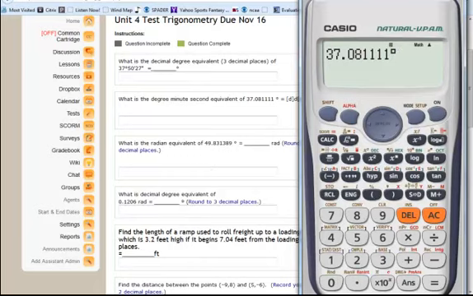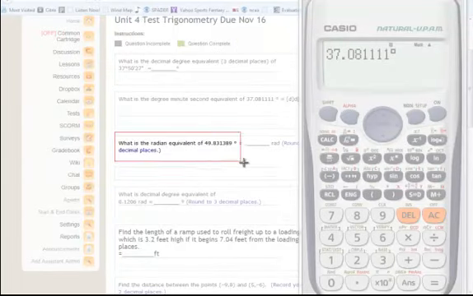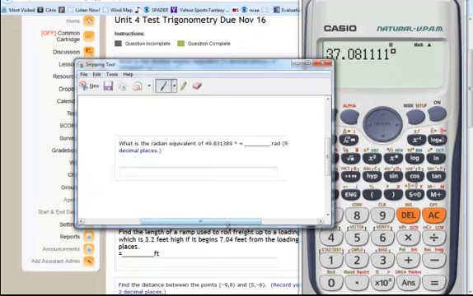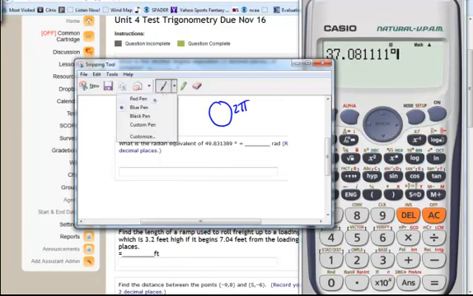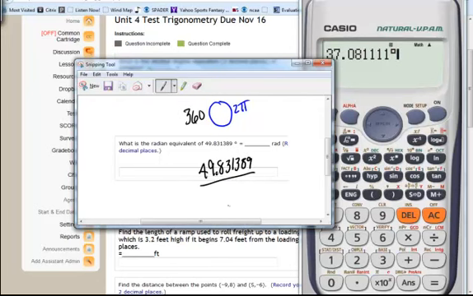For the radian equivalent, you're going to need to know something about radians, and that is that in a circle there are 2 pi radians, but there are also 360 degrees. So since we have 49.831389 degrees, 360 is to 2 pi as 49.831389 is to our answer.